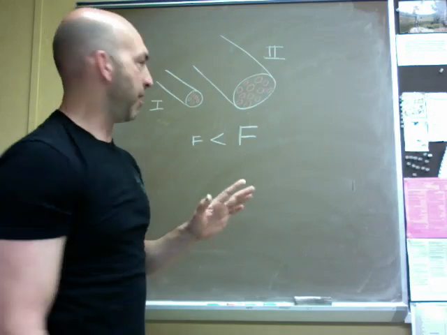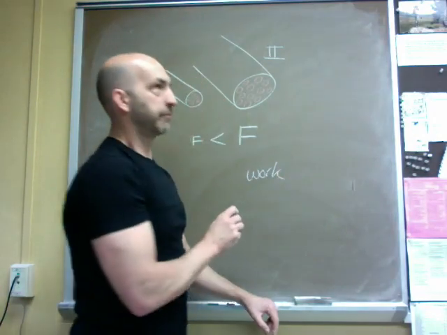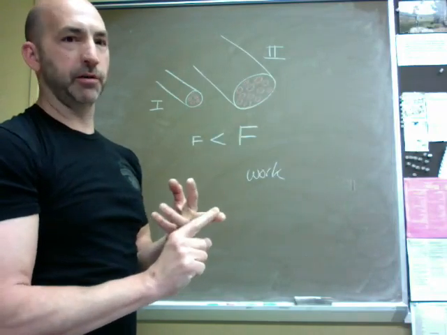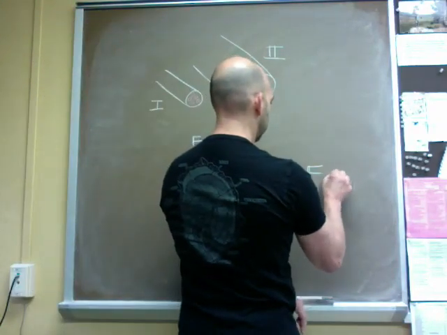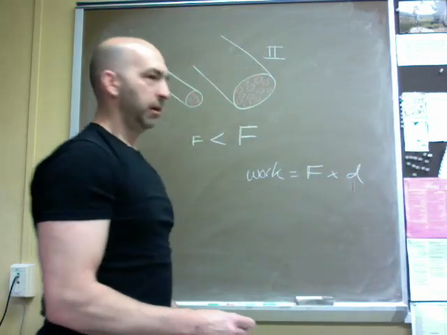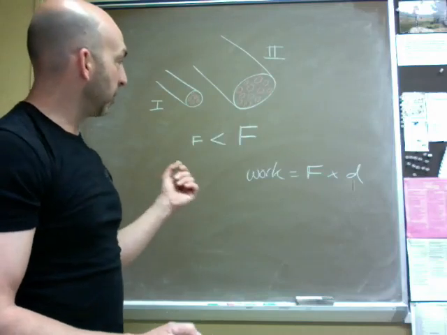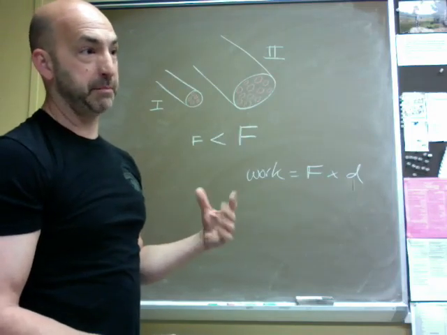Now, keep in mind that, well, let's back up. Work is the amount of force we generate multiplied by the distance over which we move something. So it's force times distance, right? So power really refers to bringing in the factor of speed.